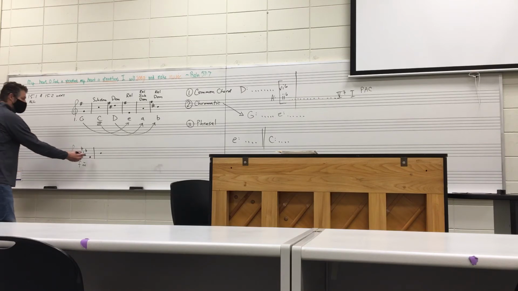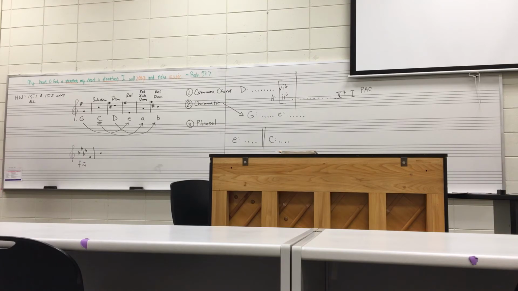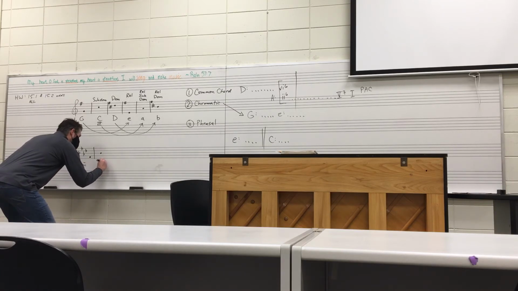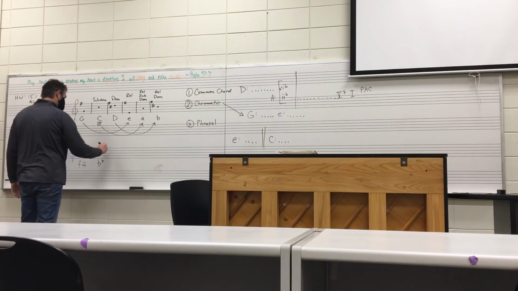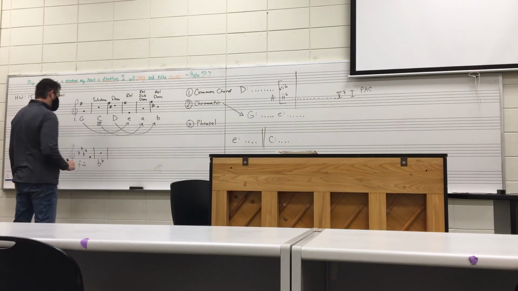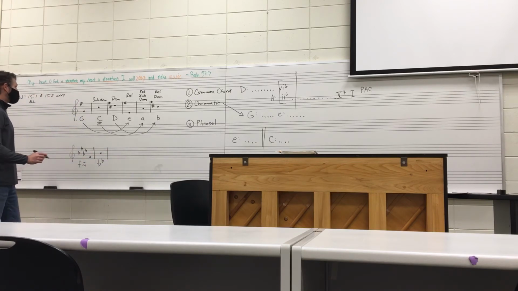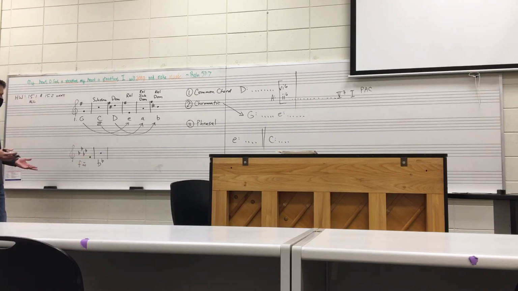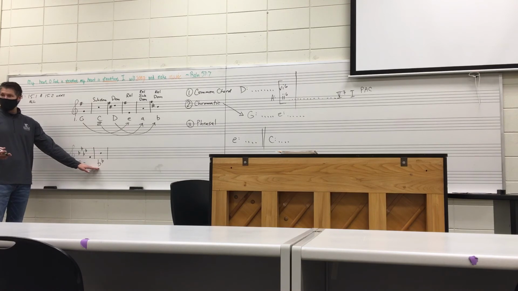So I go up to the subdominant, and my minor key is B flat. I go up to the fifth, and in which case B flat minor has 5 flats in the key signature, right?